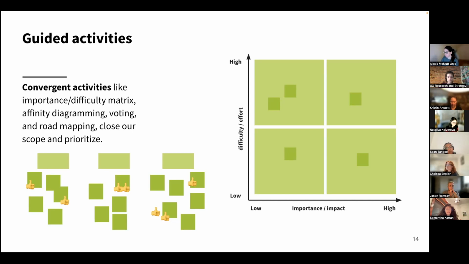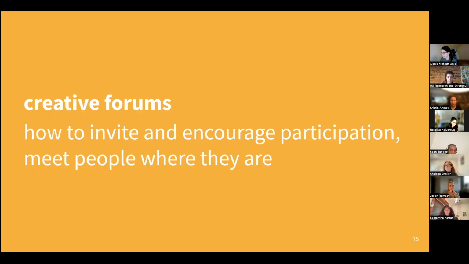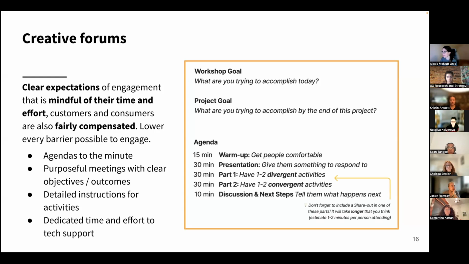So in small engagements, there's that process, but then also in the larger arc of the project as well. And then thinking about those forums, so how to invite and encourage participation so that we're really meeting people where they are.